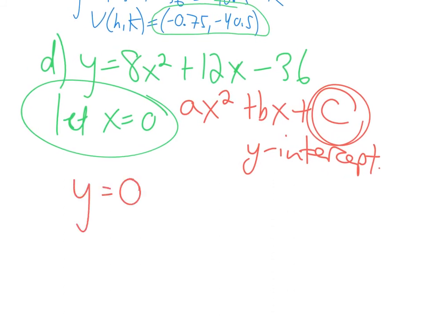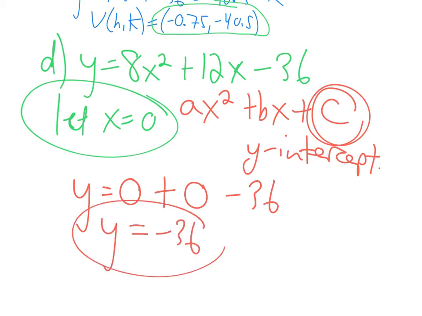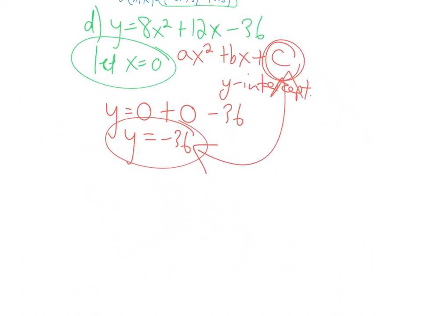And the second term becomes 12 times 0, which equals 0, minus 36. So subbing in 0 would lead to negative 36, or recalling that the c value in standard form is the y-intercept is a shortcut. So therefore, the y-intercept as an ordered pair is 0, negative 36.